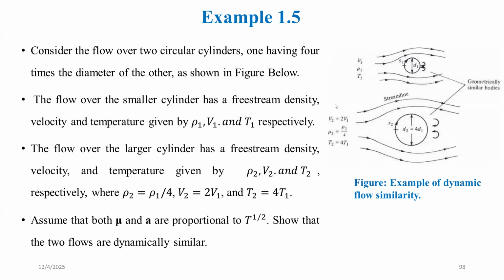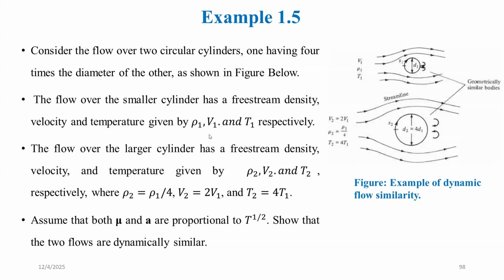So this is the relation that happens between them. Because density is equal to mass over volume, the volume is inversely proportional to this. So we can make similarity here. Consider the flow over two circular cylinders, one having 4 times the diameter of the other.